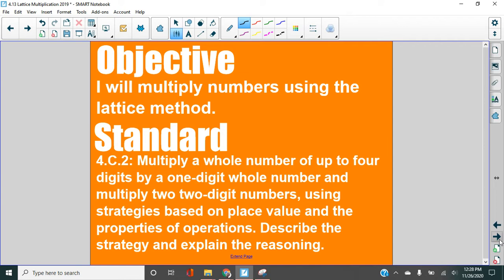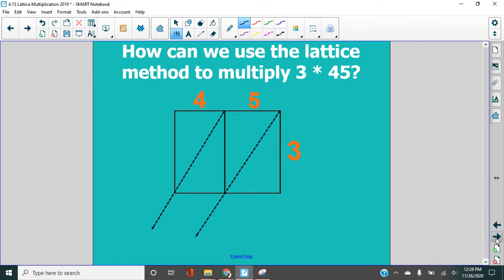Our goal here today is to multiply numbers using the lattice method, right? And we're still multiplying whole numbers here, like we have been through most of this unit. So this is what the lattice looks like, okay? And drawing it is actually a key thing. I'm going to teach you how to do that in just a moment.